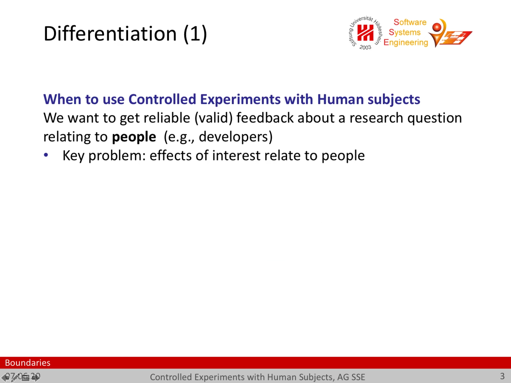So when do we effectively use controlled experiments with human subjects? Basically, the big advantage of controlled experimentation is that it provides us with rather reliable feedback, especially in the sense of internal validity of the results. So whenever we have a research question relating to people, it is actually a pretty good method to use, if it's possible from the context.